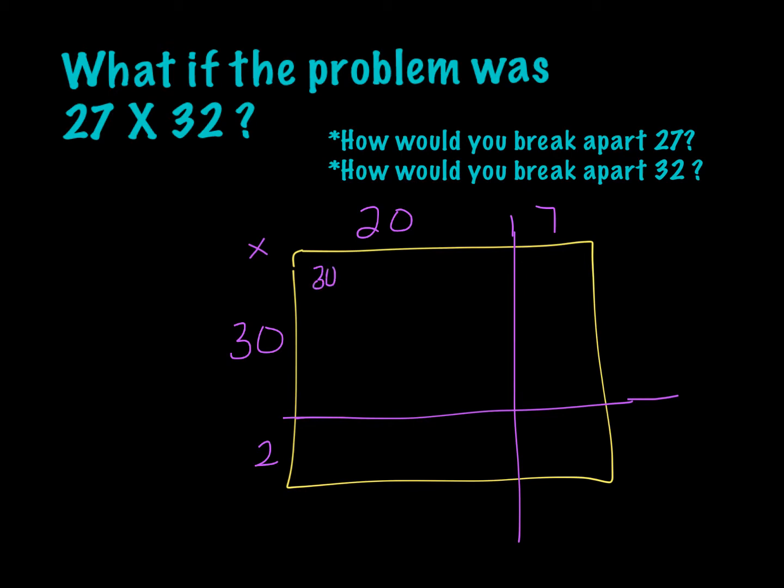And 30 times 20 will give you, just like 3 times 2 is 6, 30 times 20, those are both tens, so you have to have 2 zeros, one for each of the tens. And this is 7 times 3 tens. 3 times 7 is 21, so 7 times 30 is 210.